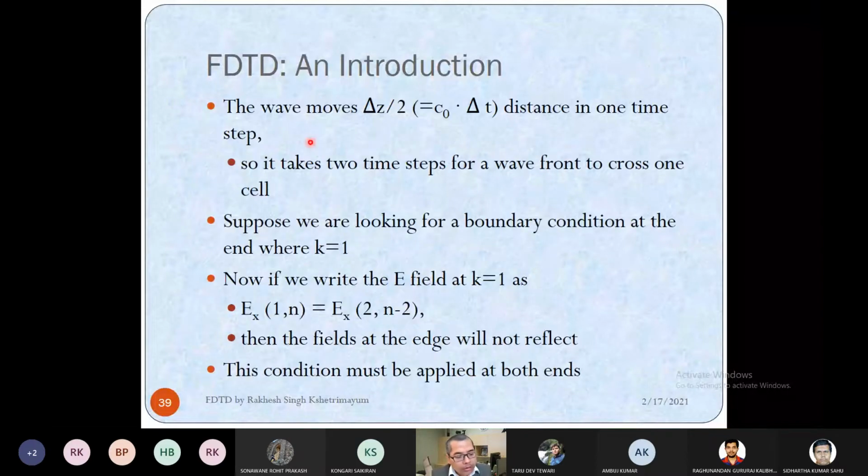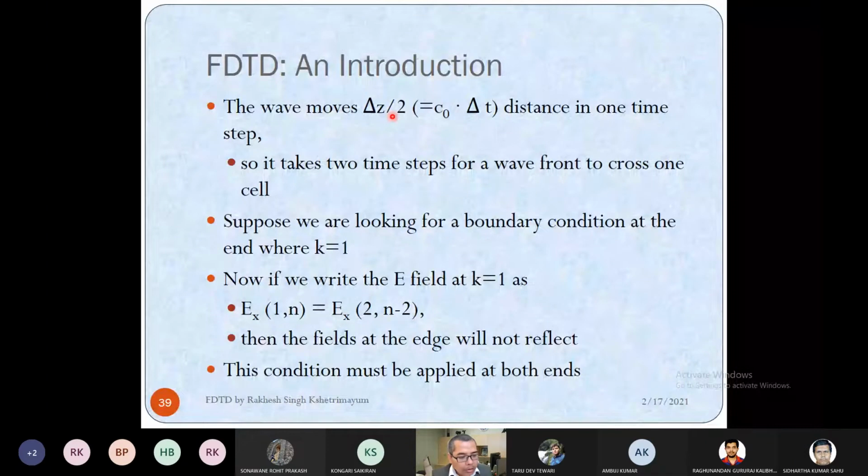And we also know that according to the courant stability criteria, delta z by 2 is the distance the wave moves in one time step. We have intentionally chosen that so that there should not be any kind of divergence of the wave. We should not have an unstable solution space.